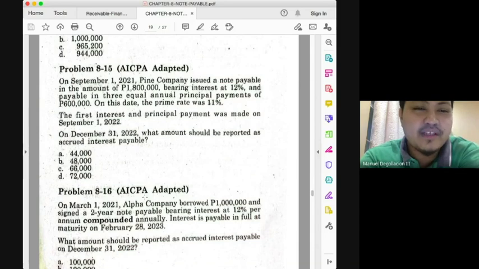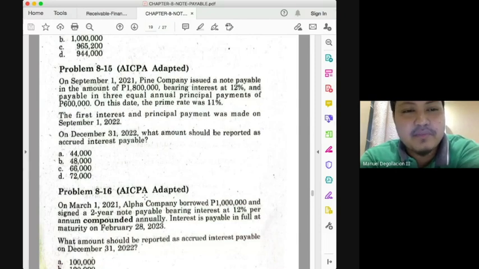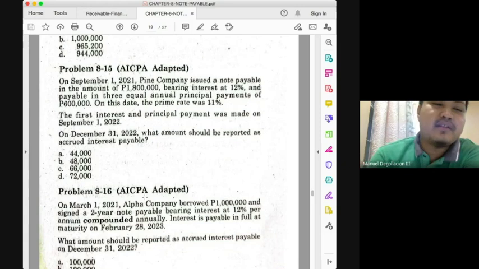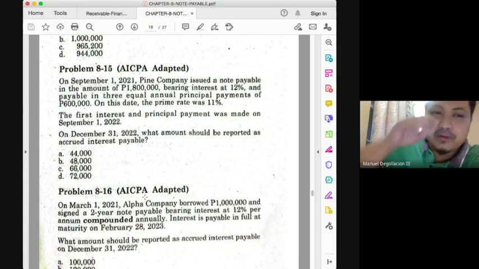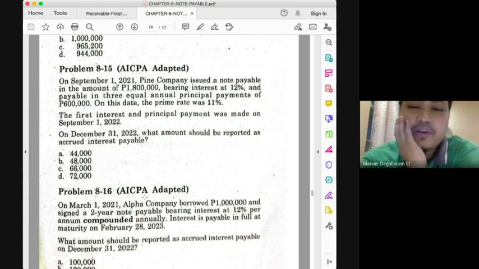Why is it lower this time? Because by September 1, 2022, there will be partial payment on the principal. The original principal was 1,800,000, but on September 1, 2022, a payment of 600,000 was made, and an additional payment for interest was also made. So the 600,000 payment will be charged to your 1,800,000 principal.